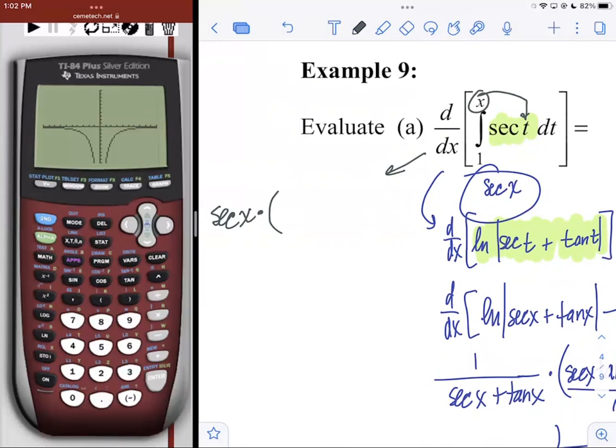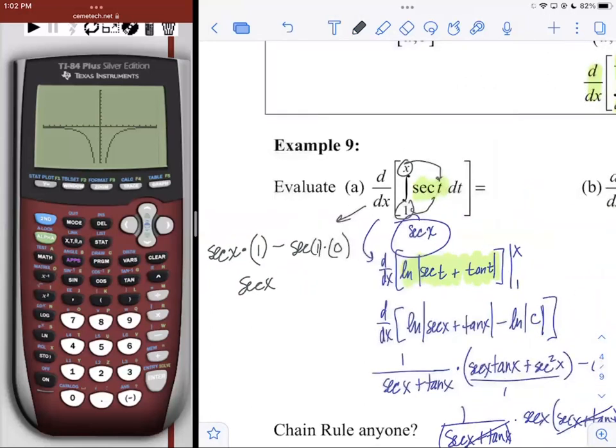What's the derivative of x with respect to x? 1. Minus, plug in the bottom, secant of 1 times the chain rule, the derivative of what we plugged in. What's the derivative of 1? 0. And what will that simplify to? Secant of x.